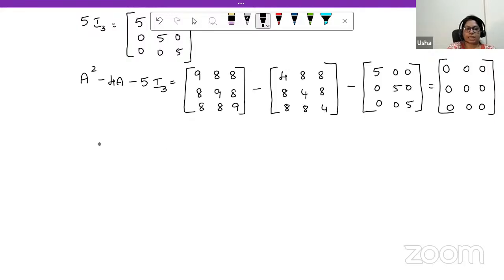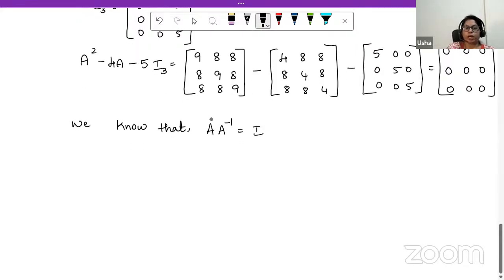There is a property. We know that A into A inverse is equal to I. This is a property, right? A multiplied with A inverse will always give you I. Now I know A, I know I. I can find out A inverse. Now what is I?